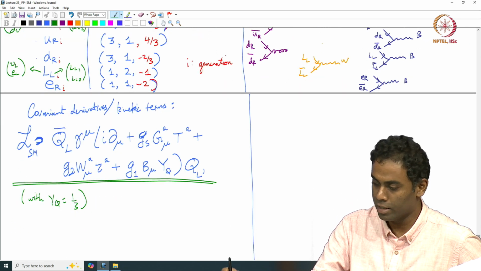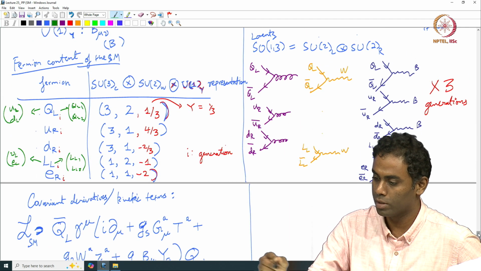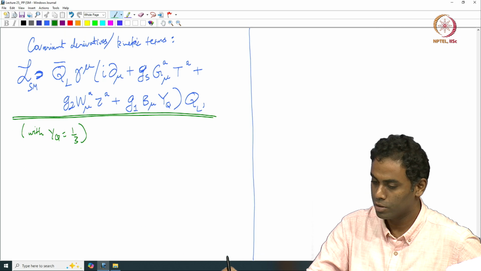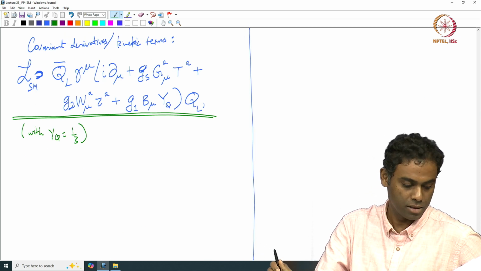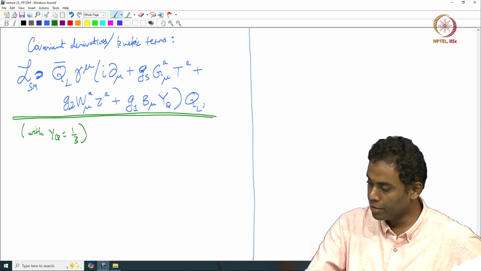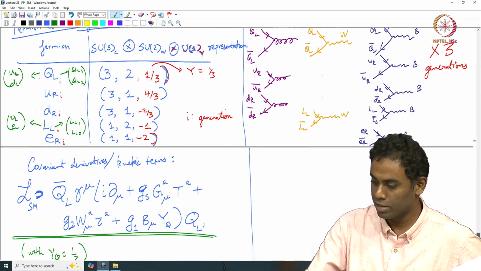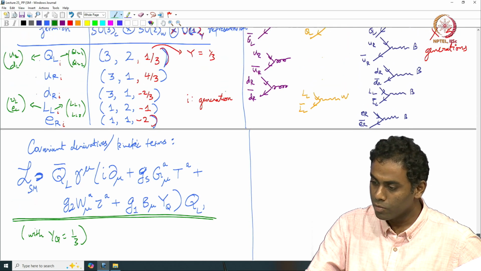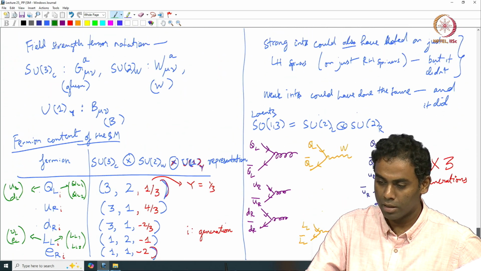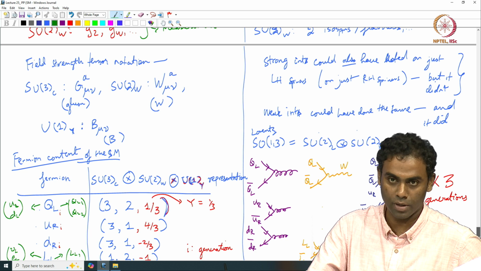That should be trivial, right? I have written down the hardest one, where QL is the one that participates in all 3 interactions. So, I have written that down, okay. Very good. Now, we get to something very interesting, which is to think about the masses of these particles, okay.